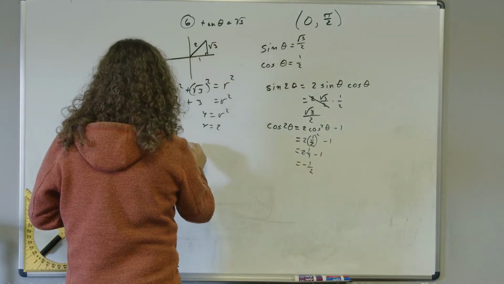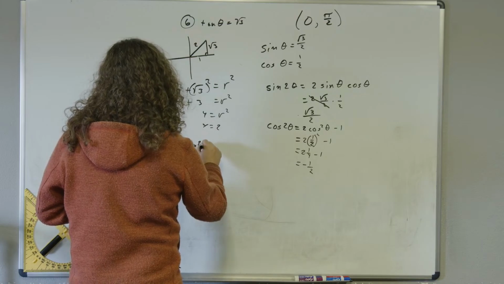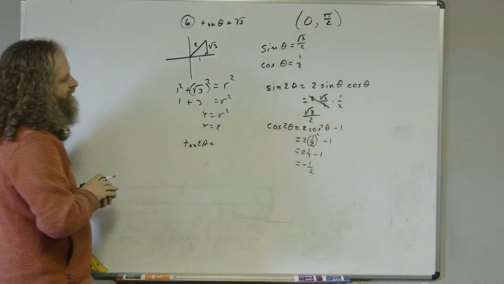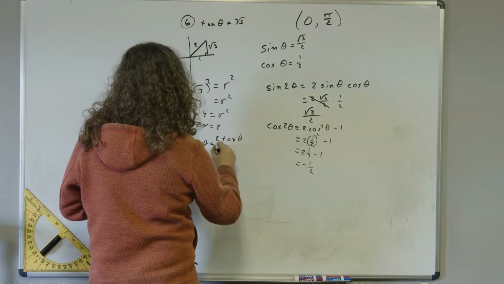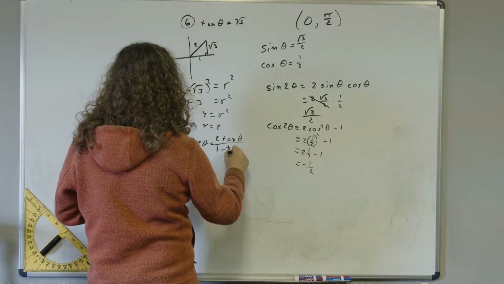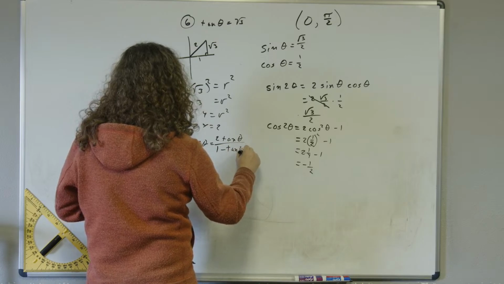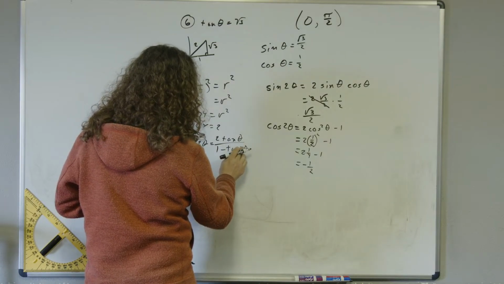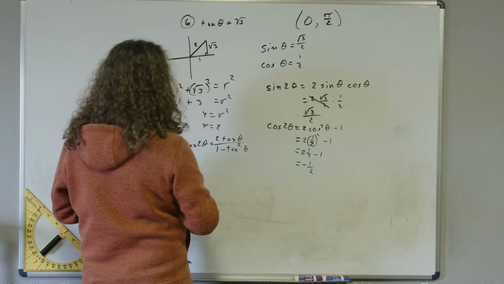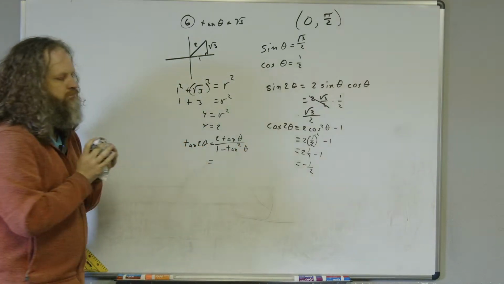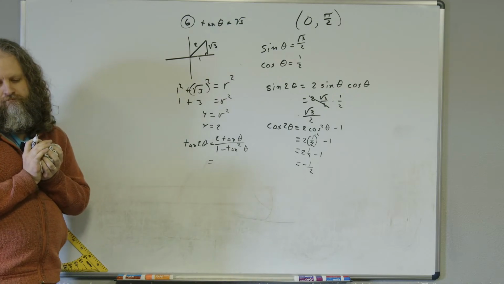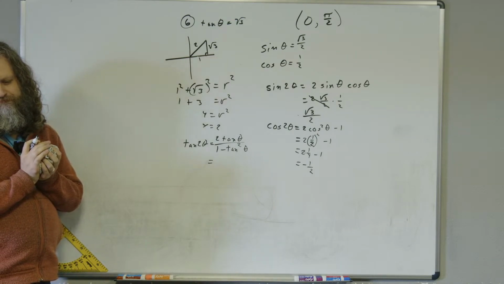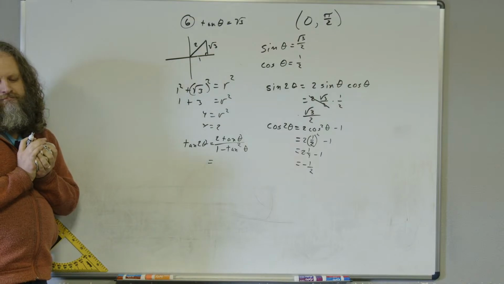The tangent of 2 theta is 2 tangent theta over 1 minus tangent squared theta. Didn't you say that there were 3 cosine double angle identities? Yeah, there are. I need to write the other ones on this, because there's only 1 on here.